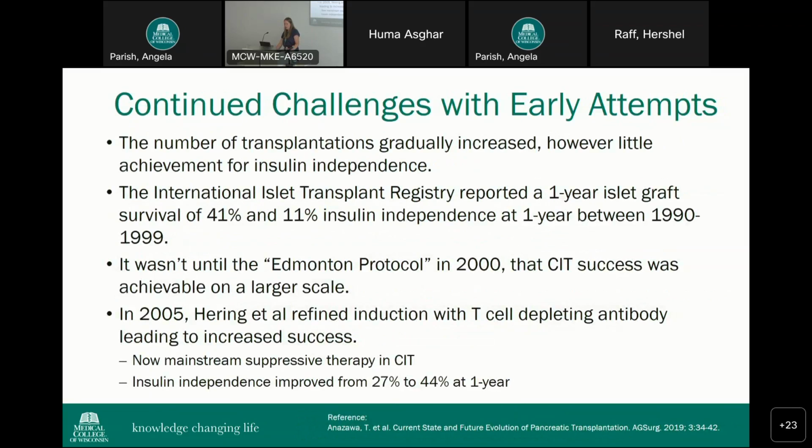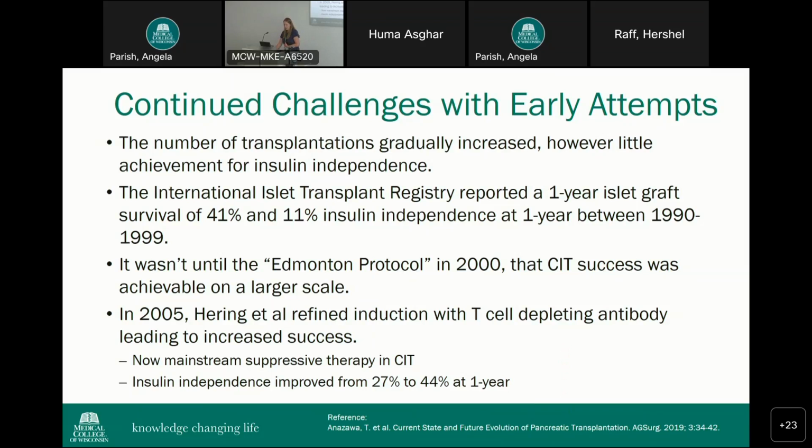The International Islet Transplant Registry reported 1-year islet graft success of 41% and 11% remaining insulin independent for 1 year between 1990 and 1999. But it really wasn't until the birth of the Edmonton Protocol in 2000 that clinical islet cell success was thought to be achievable on a large scale.